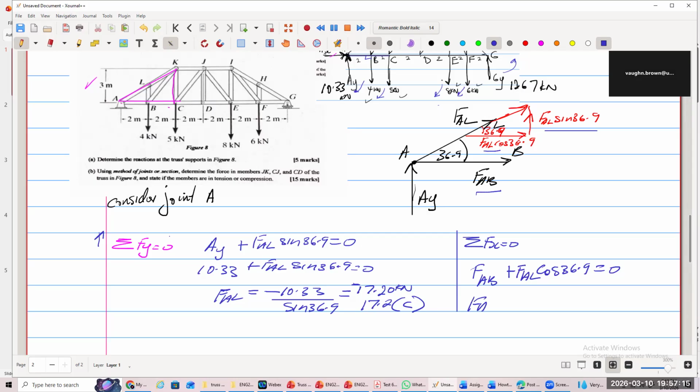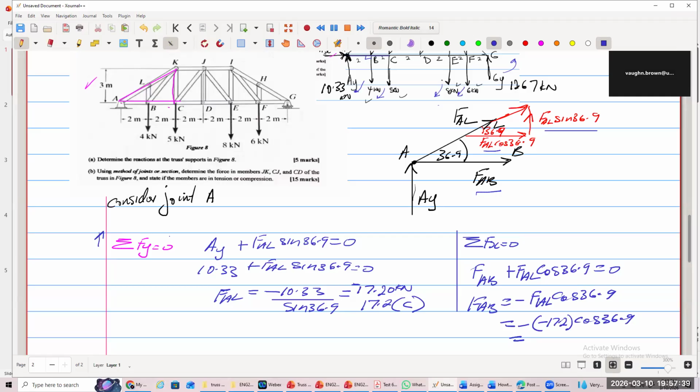Now we have FAL already, so we just substitute that value. FAB will equal the minus of FAL cos 36.9. You drop that in: minus 17.2 cos of 36.9. How much is that, please?